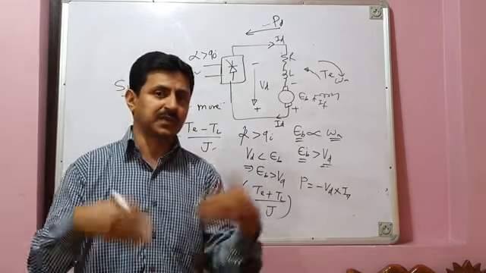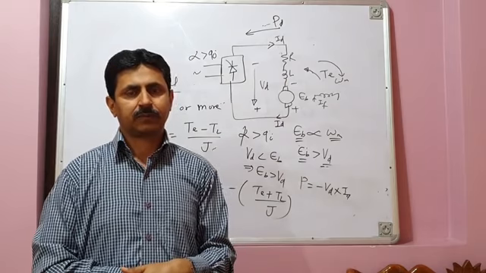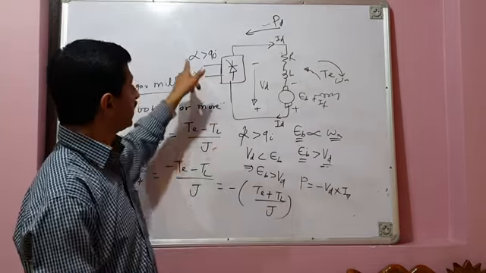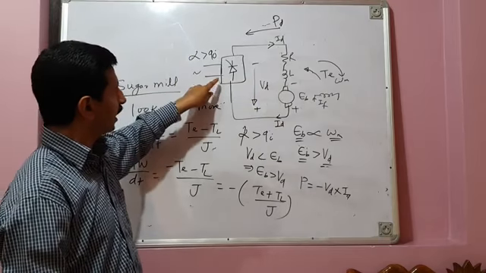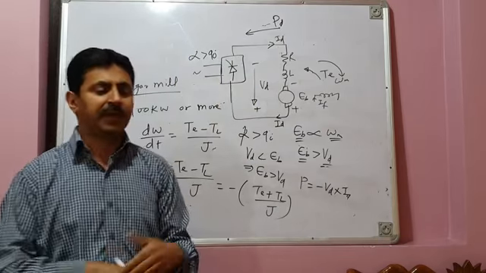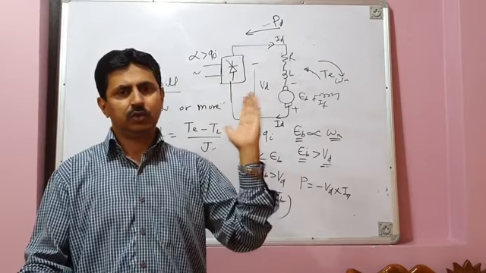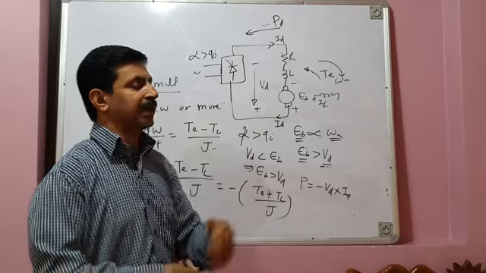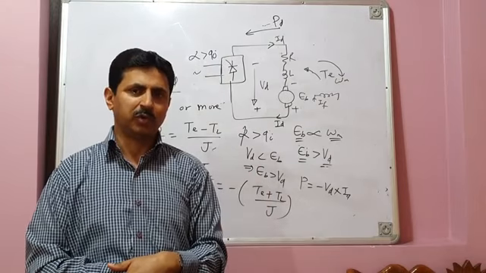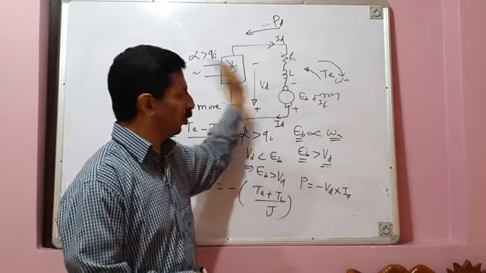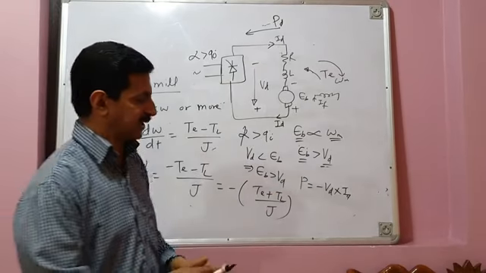So there is a lot of saving in the energy. So these are the situations where you operate the converter in the inversion mode of operation. Whenever regenerative braking is required, you make alpha greater than 90 degrees and your converter operates in the inversion mode, and energy flows from load to source. I hope that's clear.